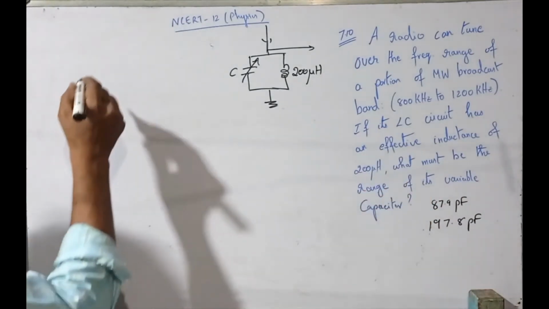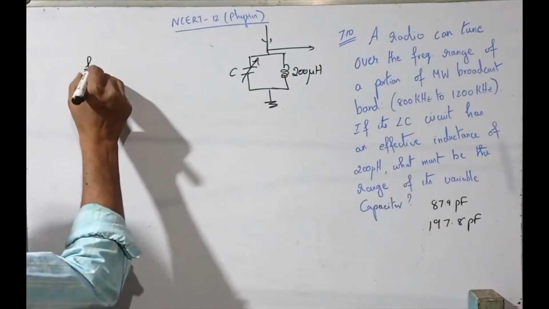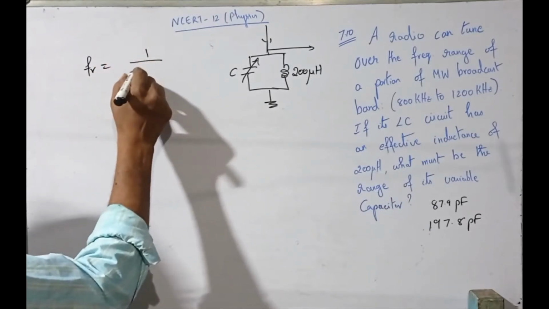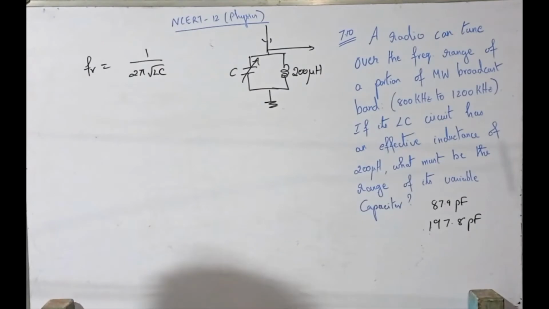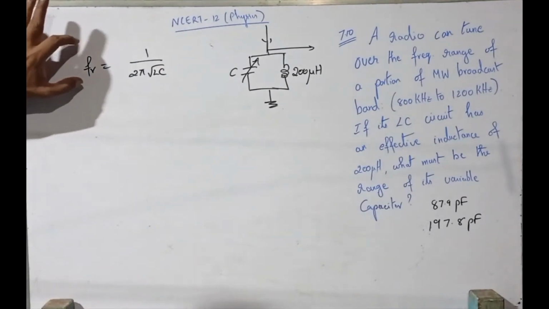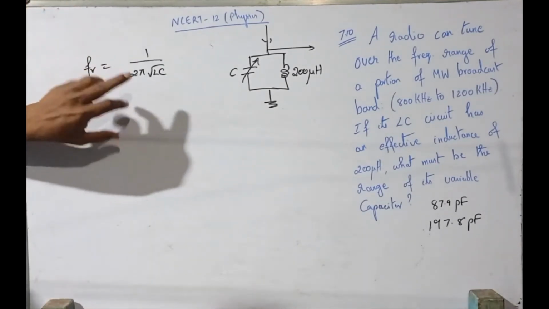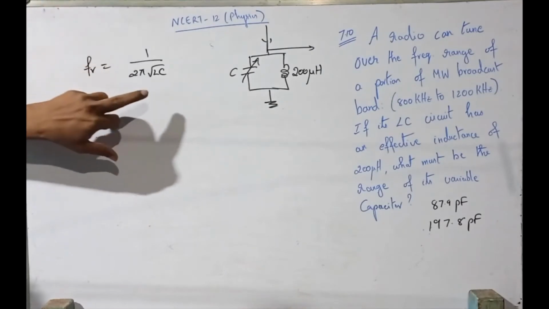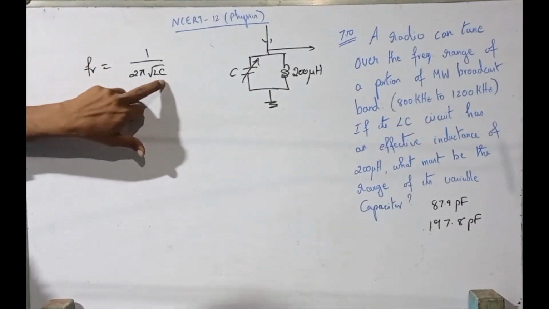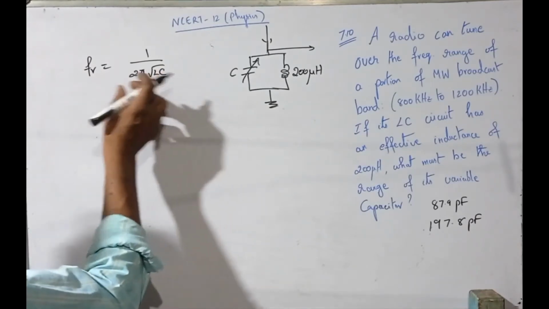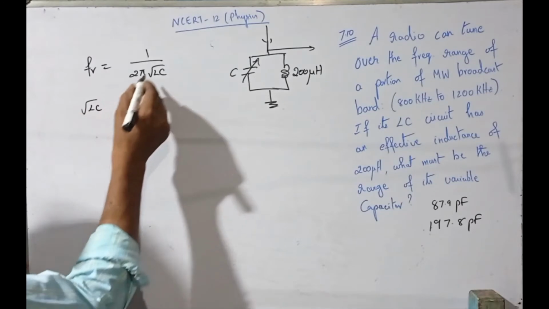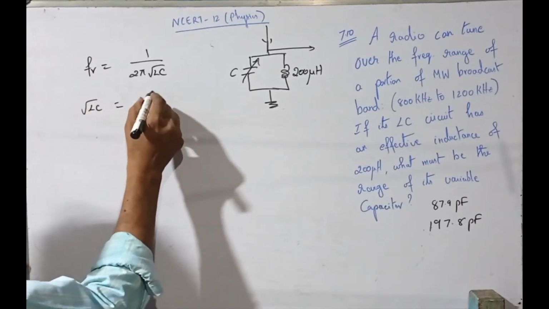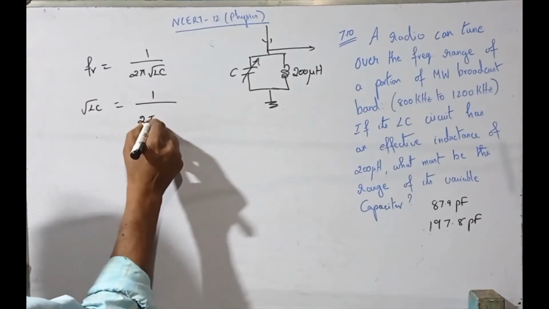So the resonant frequency FR is equal to 1 by 2 pi root LC. First case: we know the value of FR, the L value is given, and we have to find C. Now bring this term to this side. That means root LC is equal to 1 by 2 pi FR.